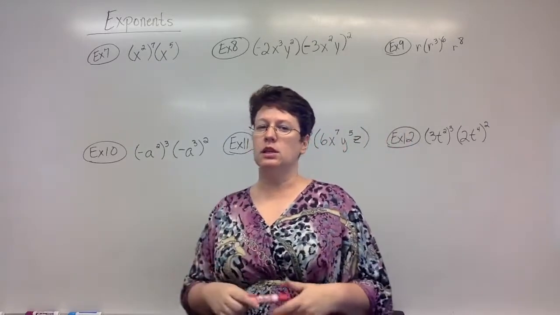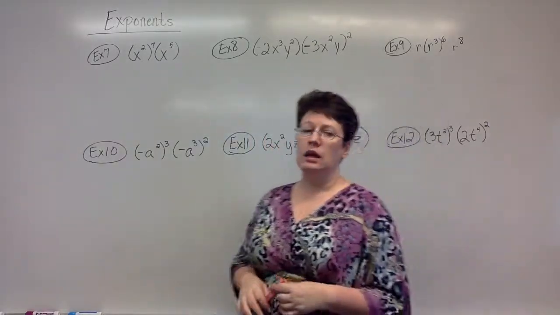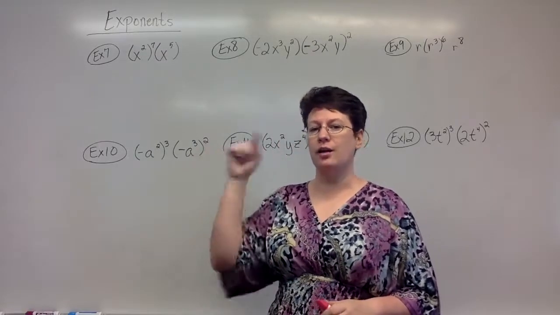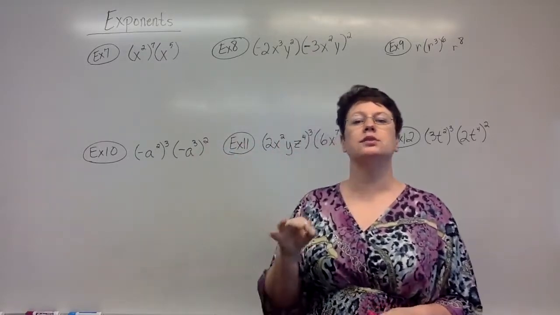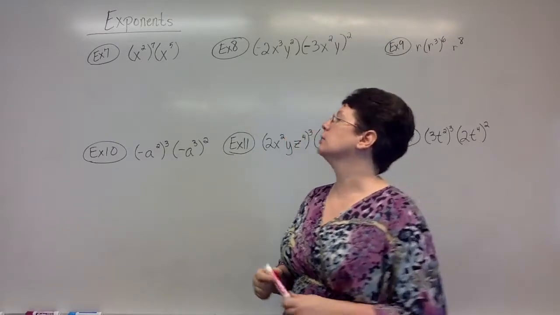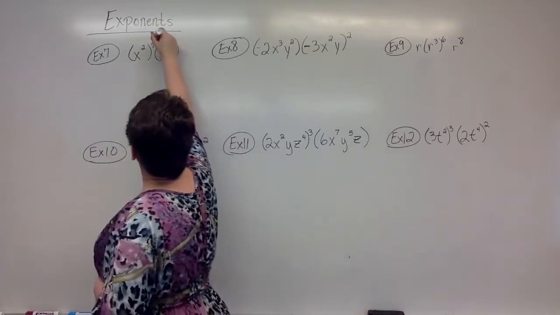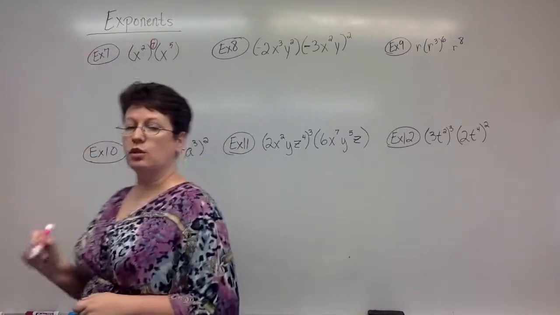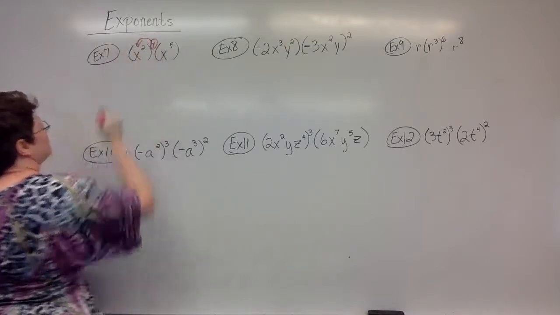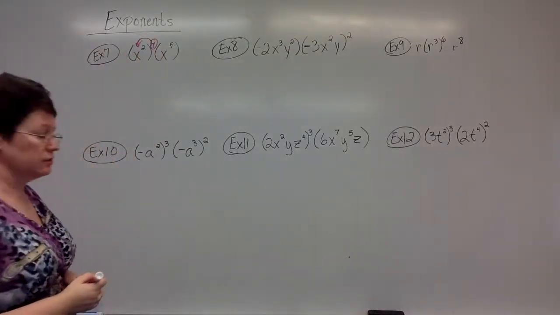Okay, let's look at number 7. I'm going to look first for any kind of exponent that's outside the parentheses, something I need to distribute, because based on PEMDAS, that's the first step. I see I have a 7 outside the parentheses, so I know that I need to distribute that 7 inside with the x.